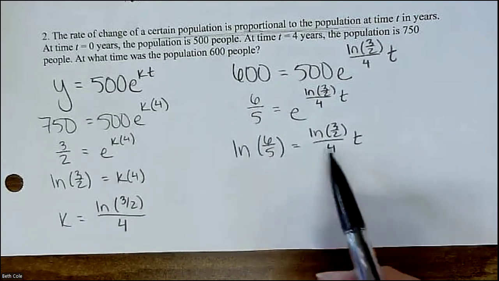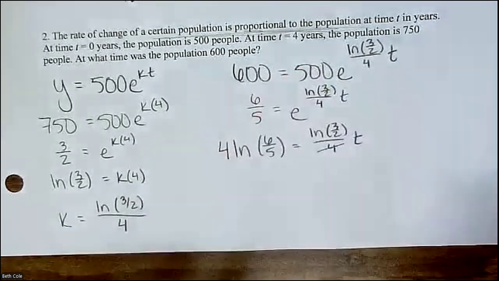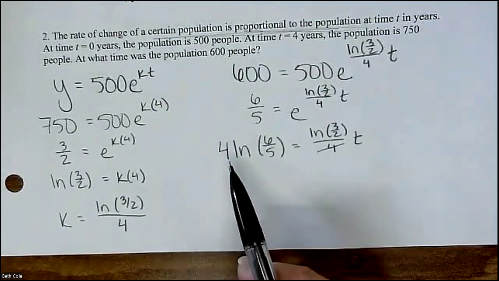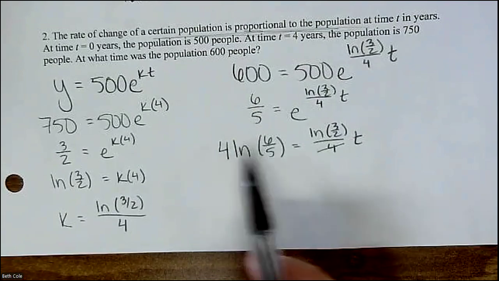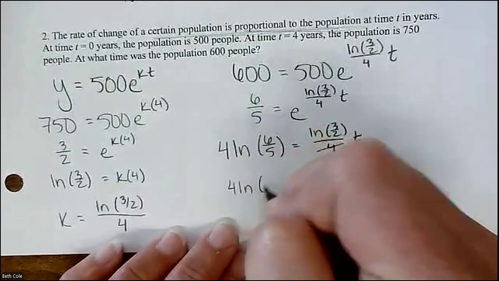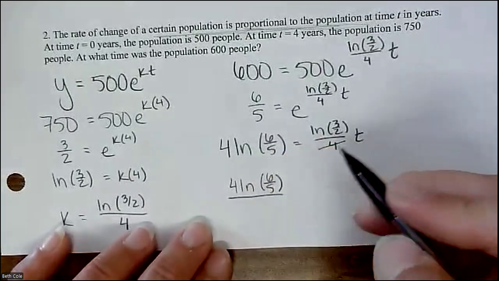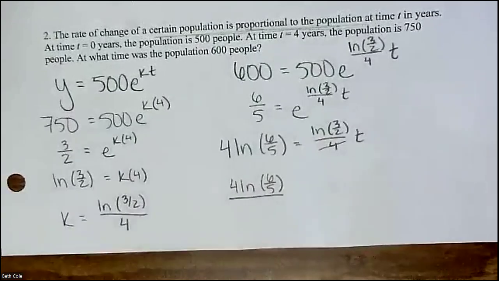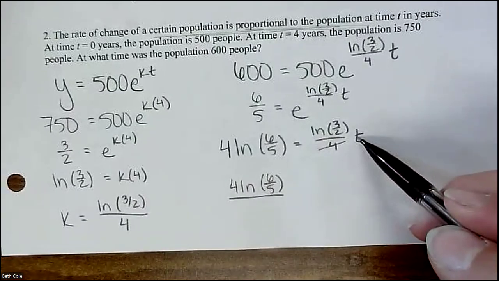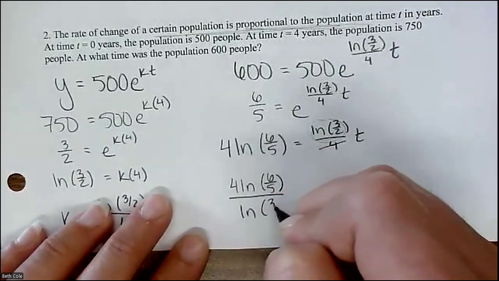Now this is divided by 4, so to cancel that out, you'd multiply by 4. I think the easiest way to do that without having to write the whole thing over again is slap a 4 out front. And then your last step is to divide by, we actually don't need to, we just need to get t by itself. So we're going to take this and just divide it to the other side.